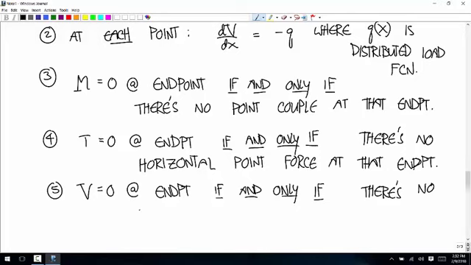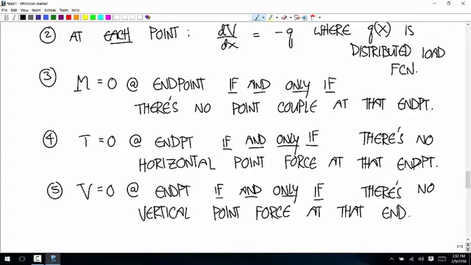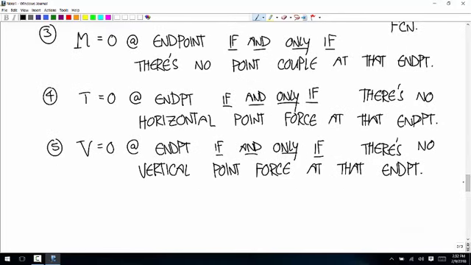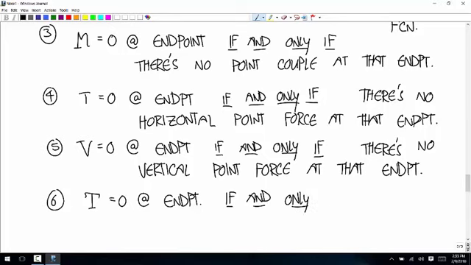Yes, there's no vertical point force at that endpoint. And then the last one? Torque, yep. So the torque is equal to 0 at an endpoint if and only if there's no point torque at that endpoint.